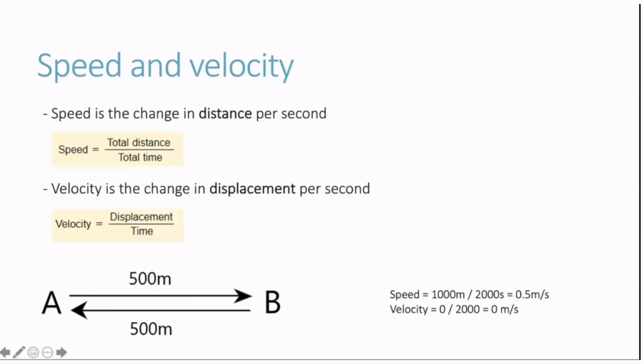So the speed would be 0.5 meters per second, but the velocity, as the final and initial points are the same, would be 0, because the person came back to the same position where he started from. So we can conclude that the velocity is none other than 0 meters per second. So you can see the speed and velocity. I hope the concept is clear to you and we'll move further.